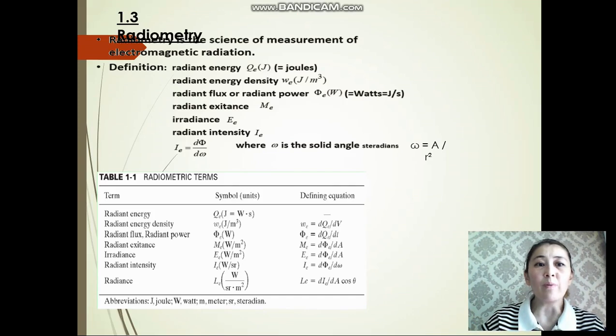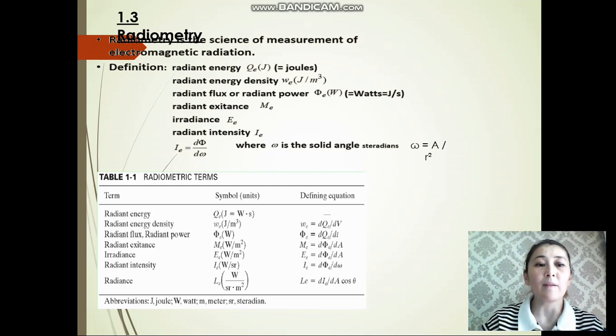Radiometry. Radiometry is the science of measurement of electromagnetic radiation in optics. Here are the definitions of energy density, energy power, excitance, irradiance, radiant intensity, and irradiance with the solid angle.